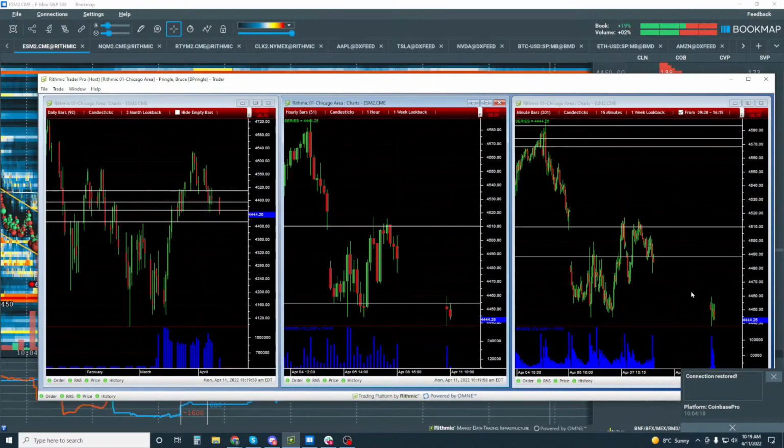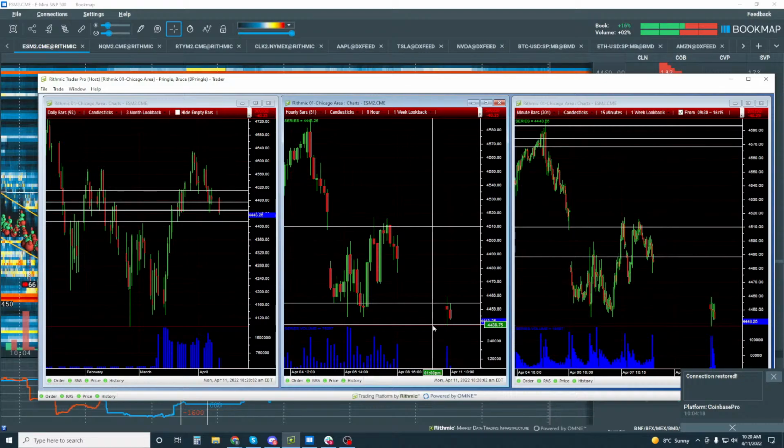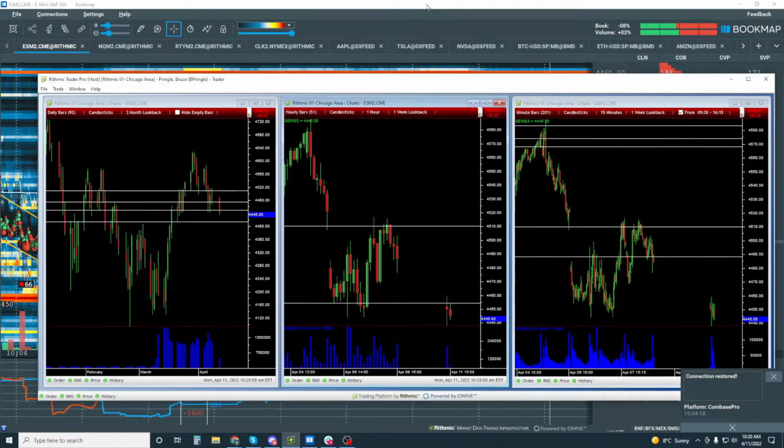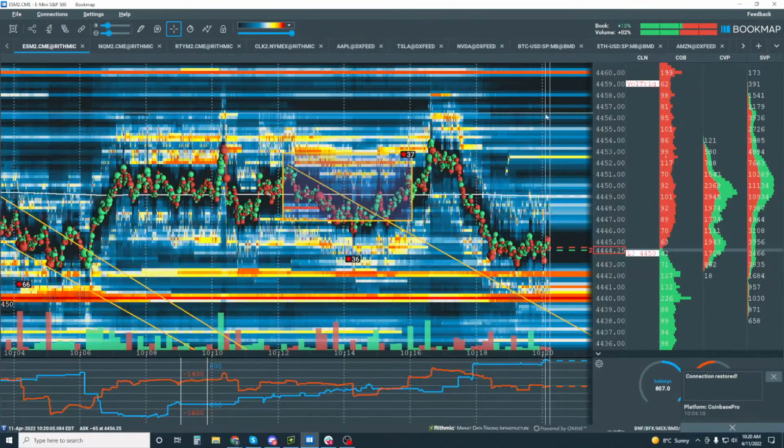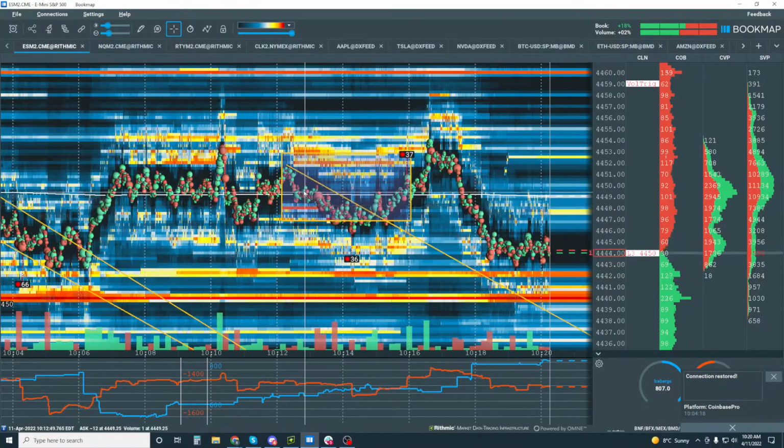I'm not seeing the buyers come in on the 15-minute and the hourly. So we're looking for sellers to come in and retest the bottom here around this 38 or so. That would be the primary scenario, and we're looking for that in the order flow, and it's making sense.